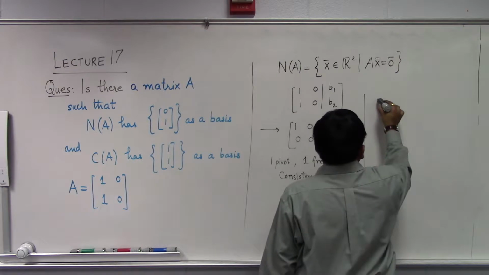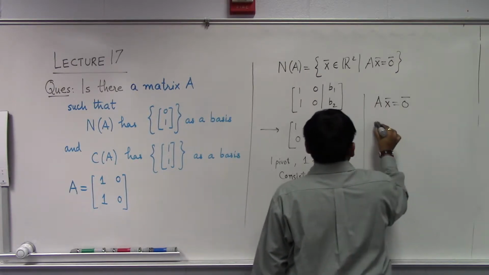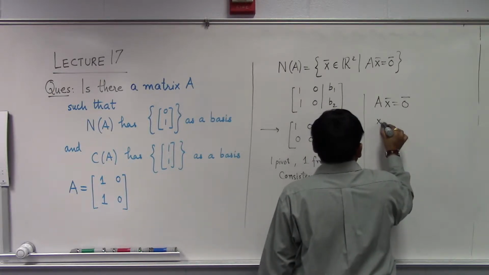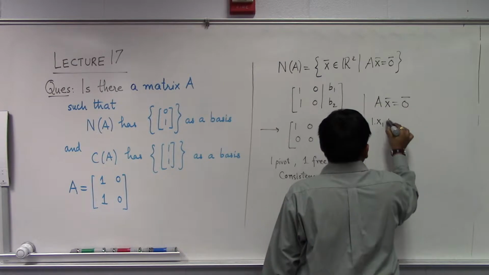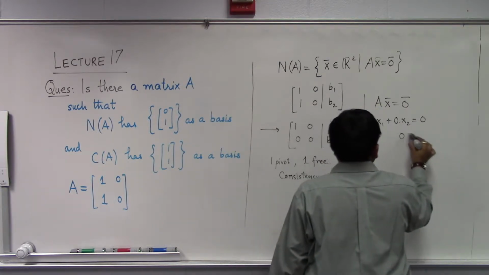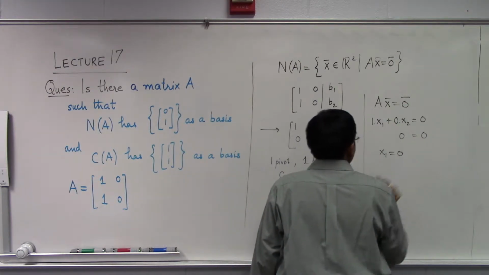Well, if you look at the homogeneous system, this is now going to look as x1 times 1 plus 0 times x2 equal to 0. And the second equation will read 0 equal to 0. So this means x1 has to be 0.